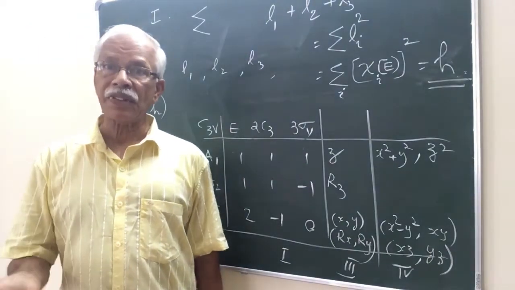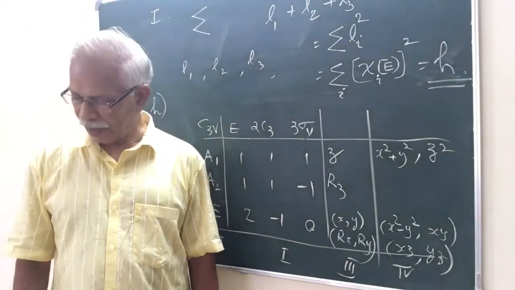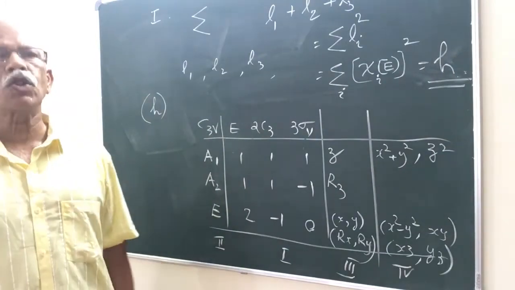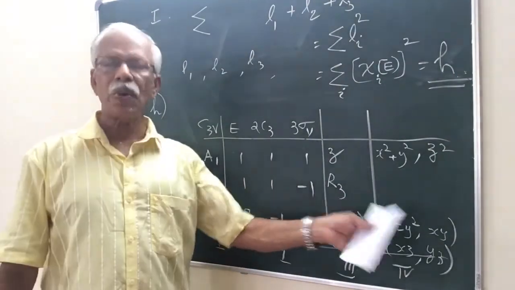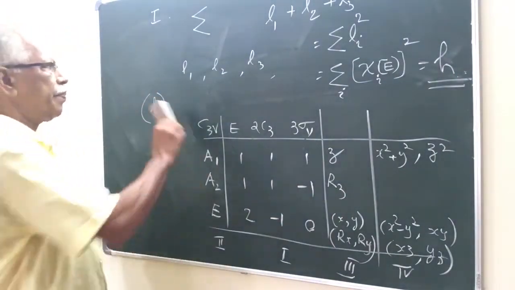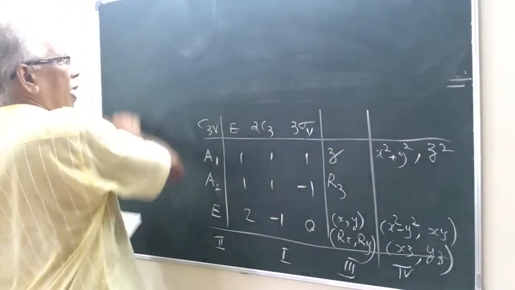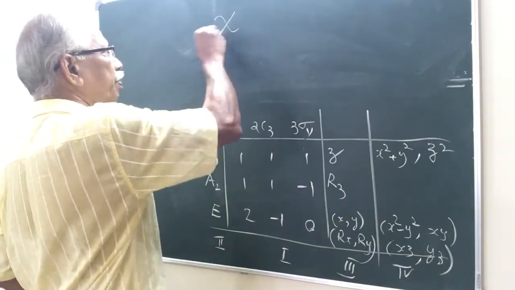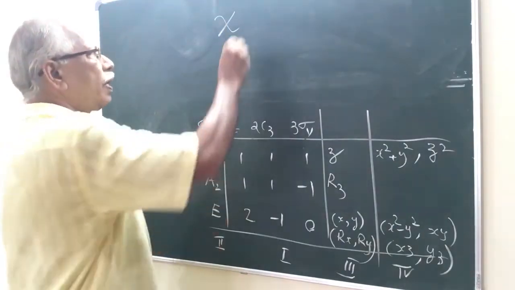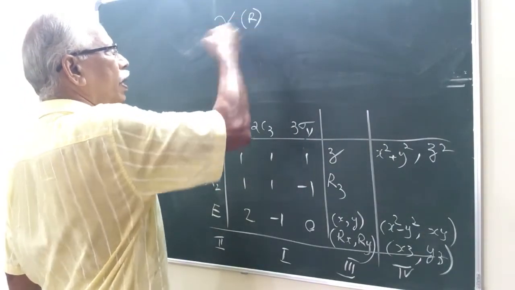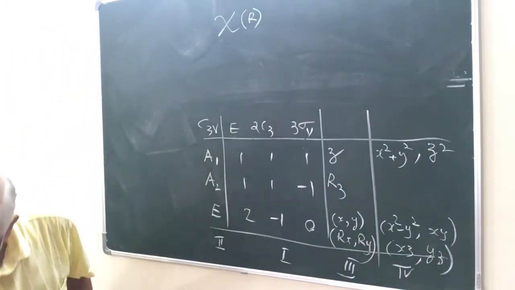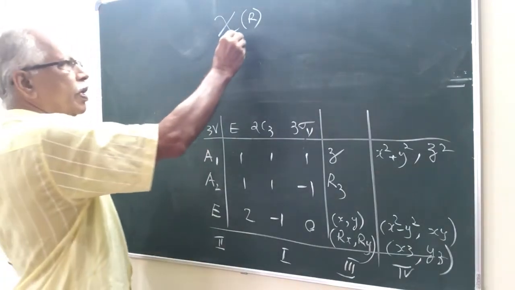The sum of the squares of the characters in any irreducible representation is also again equal to h. Sum of the squares of the characters. Character is denoted by chi. Under the operation R, you can write chi R. Any irreducible representation, let it be i.